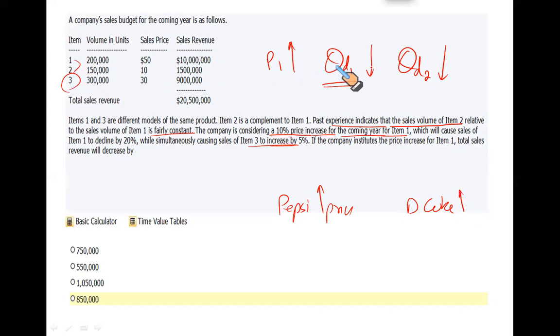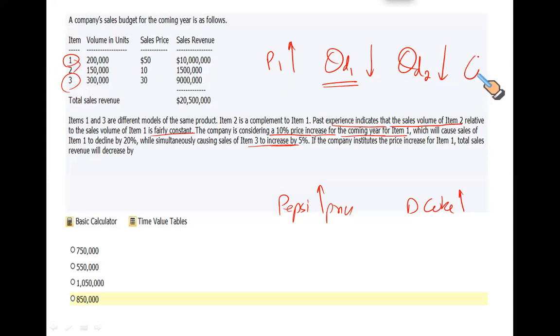Now, 1 and 2, we know this. When the price of item 1 goes up, the quantity demanded for 1 and 2 will both fall because 1 and 2 are complements. Now, bring item 3 into the picture also. If the price of item 1 goes up, and item 3 is a substitute for item 1, people will switch their spending from 1 to 3.